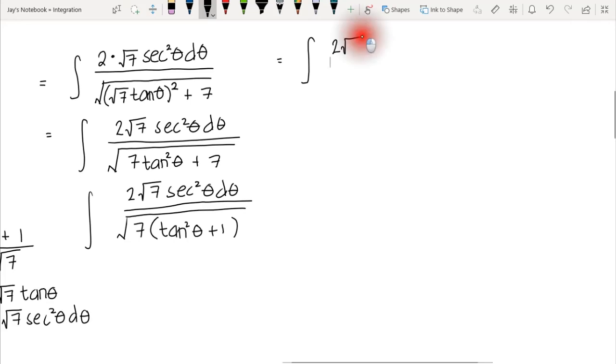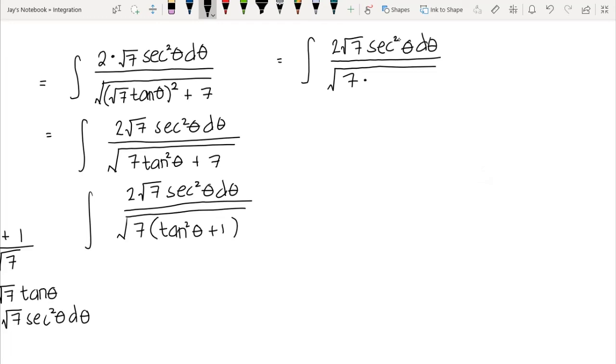2 square root of 7 secant squared theta d theta over square root of 7 times, now we have tangent squared theta plus 1 from our trigonometric identity. Tangent squared theta plus 1 is equal to secant squared theta, correct? That is equal to secant squared theta.